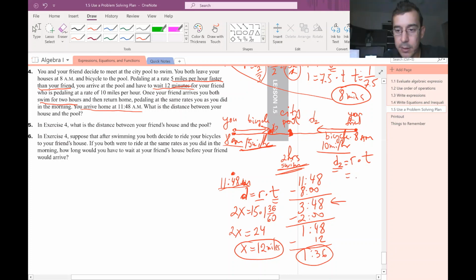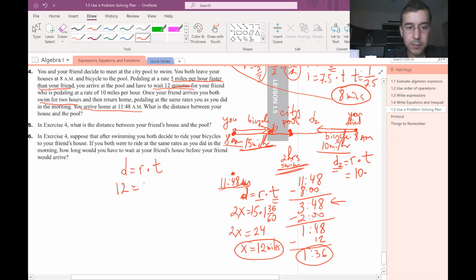The rate is 10 times the time. So we know now the distance, x, right? X is 12 miles. So let's do this. D equals R times T. The distance between you and the city pool is 12 miles.